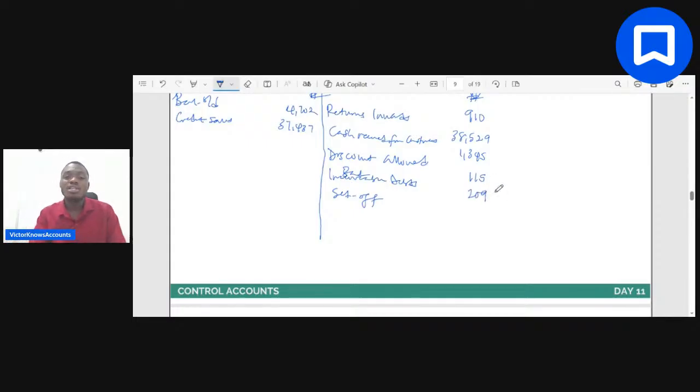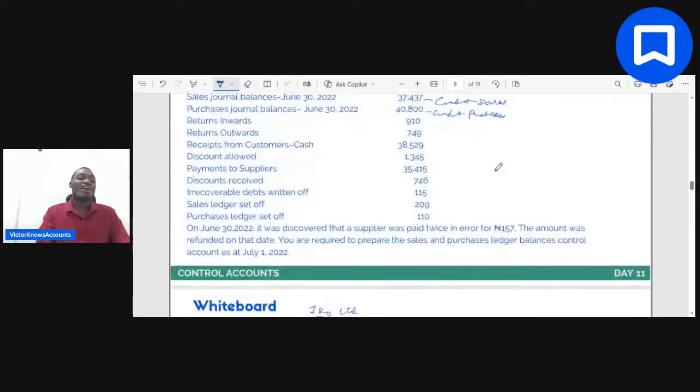But the thing about set off is that it is going to affect the two accounts, because you are saying that you are setting the sales ledger off against what? Against the purchases ledger. Do you understand that? So even as we have credited sales ledger set off to the sales ledger control account, we have to go and debit the purchase ledger control account.